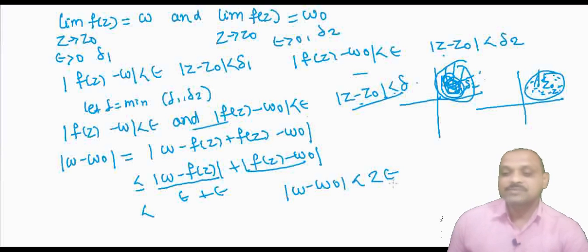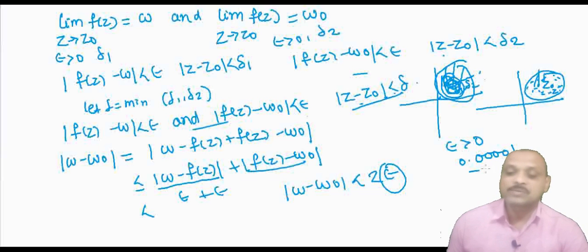Now friend, what is epsilon? Epsilon is any positive value greater than 0. That means we can choose a very small value of epsilon, and for this small value of epsilon, the condition is satisfied. This positive value is less than this much smaller value.